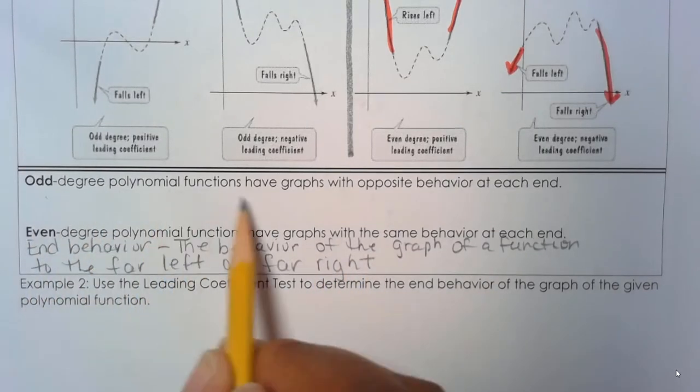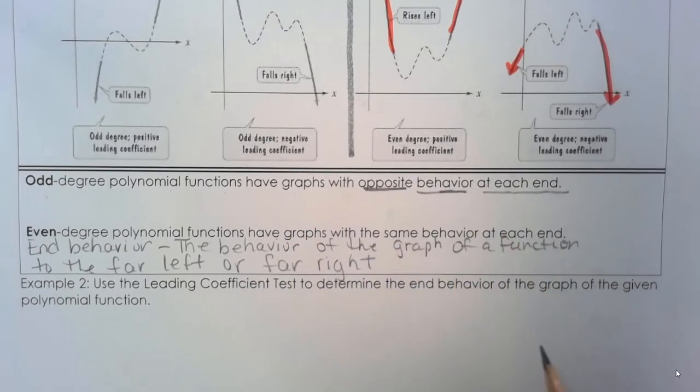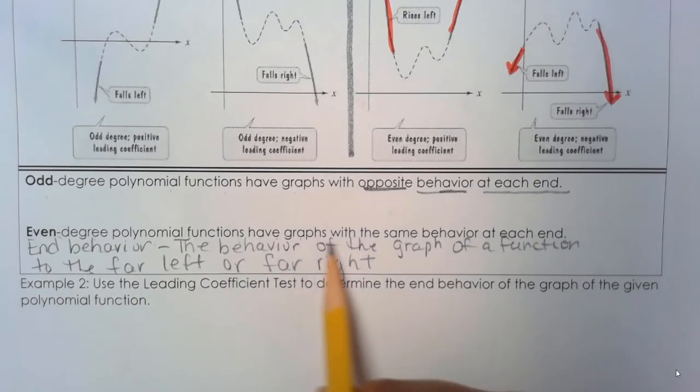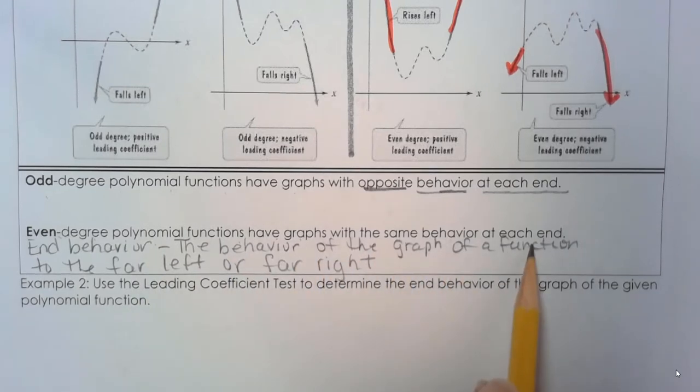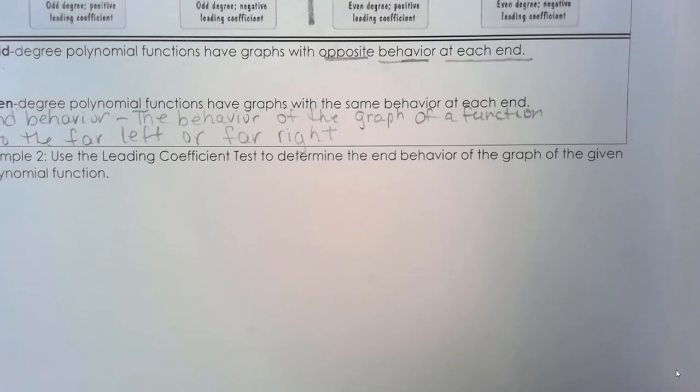Odd degree polynomial functions have graphs with opposite behaviors at each end. Even degree polynomial functions have graphs with the same behavior at each end. Okay, so let's do some examples.